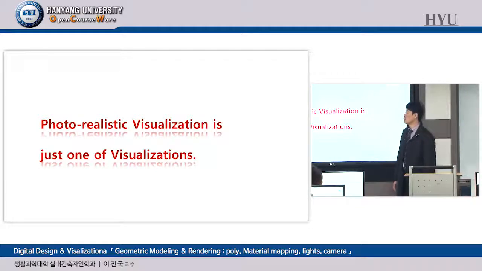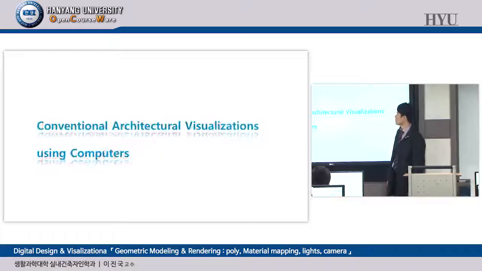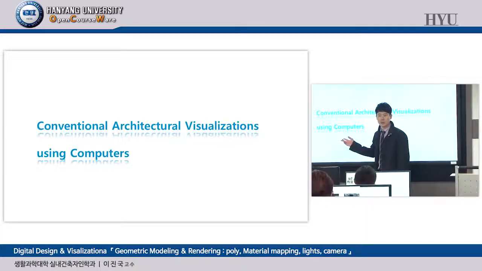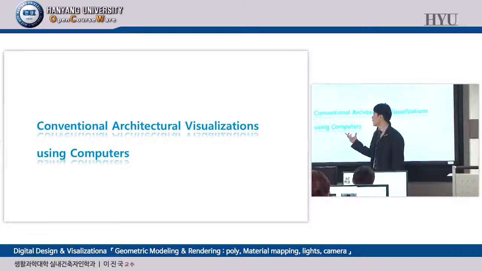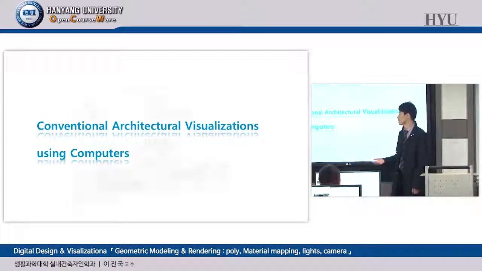What you need to know is standardized, industry standard visualization, so-called plan drawings, and some conventional architectural visualization styles. But using computers, that's the point. This is a computer graphics, digital design class. So by using computers, how to maximize the effectiveness, the meaning of your visualizations.